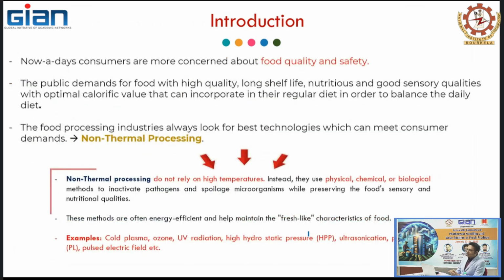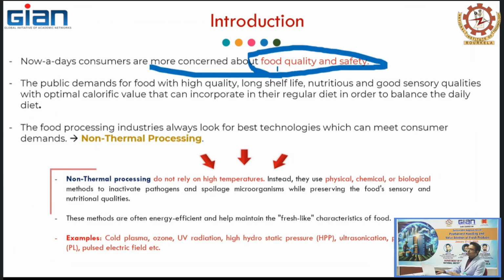When we look at product characteristics from the consumer side, nowadays consumers are looking for products which have desirable quality. That is what we talk about every day, because it is the post-harvest side.